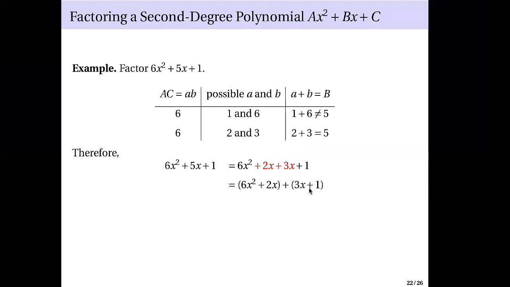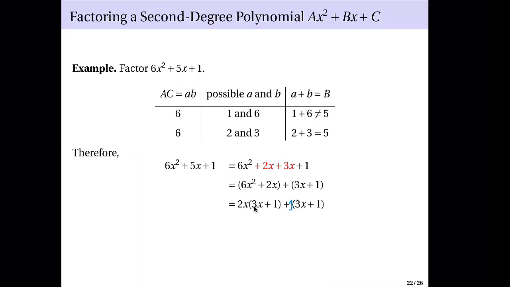In this group, 3x plus 1, there is no common factor anymore, so we leave it as is. So if we factor out the 2 and the x in this group, we will write 2x times 3x plus 1. And then on the other group, you have your 3x plus 1. And again, there's the invisible 1 here: 1 times 3x plus 1.